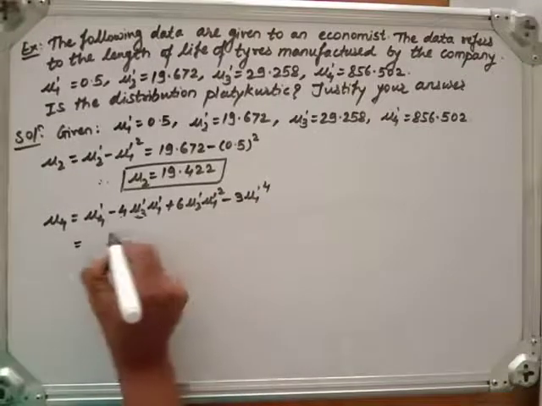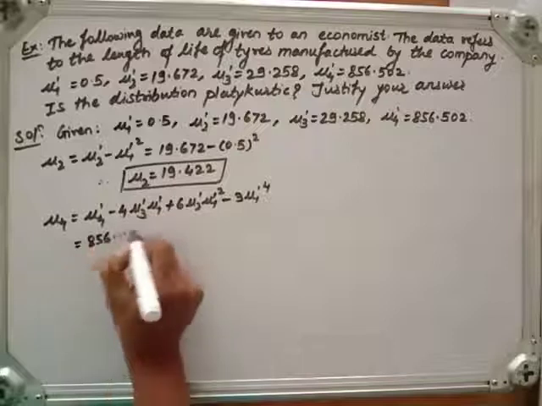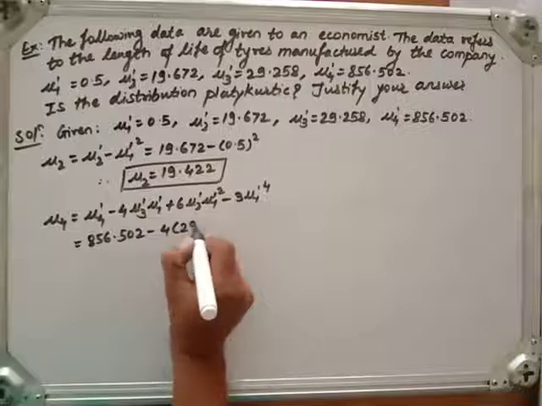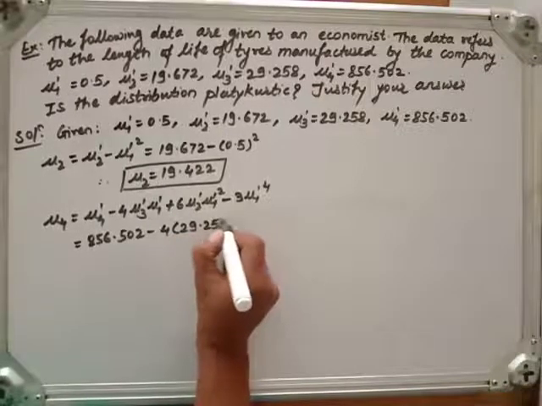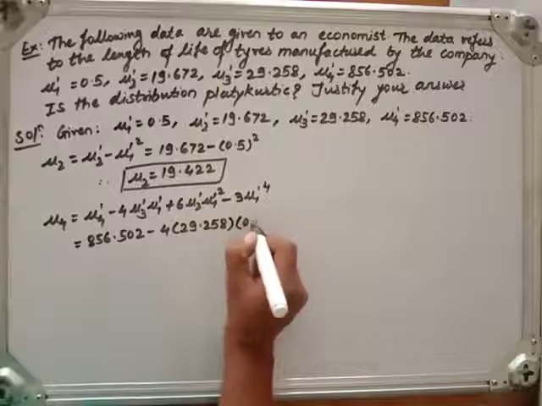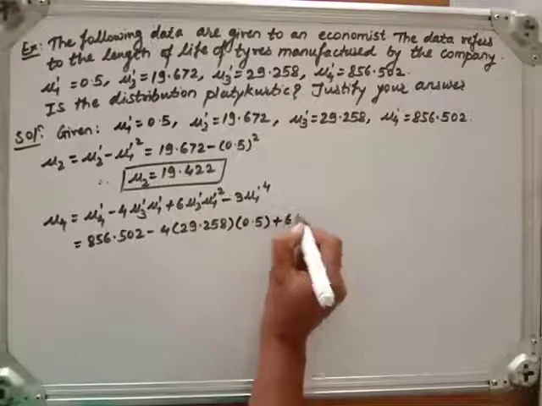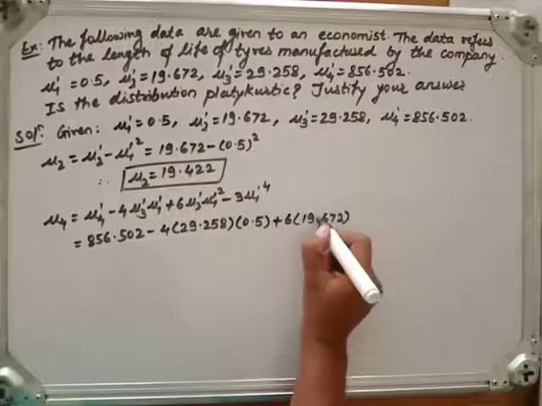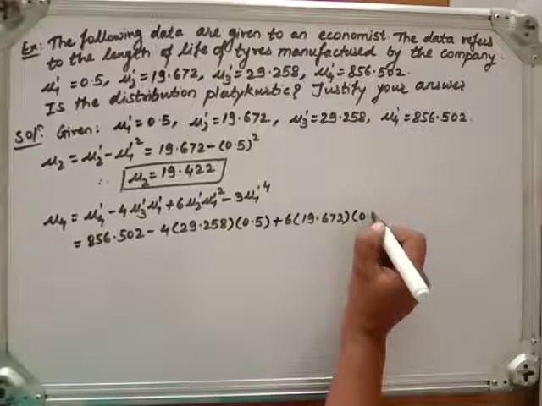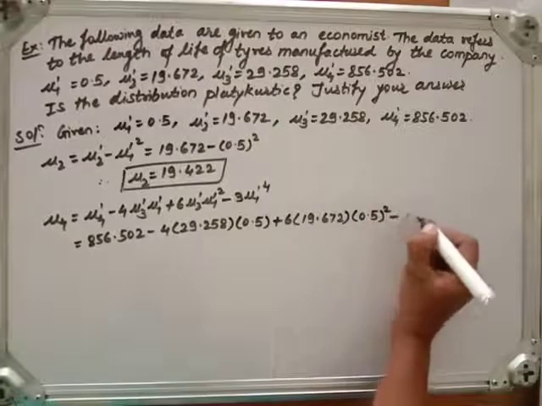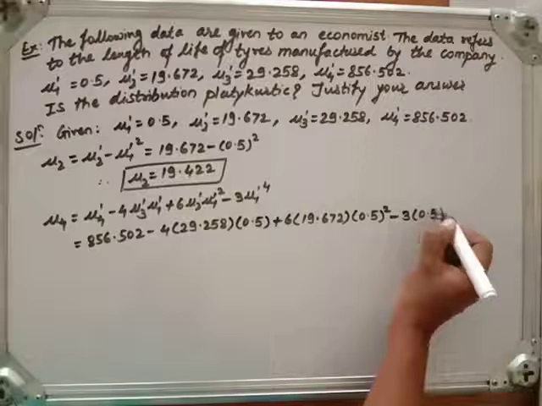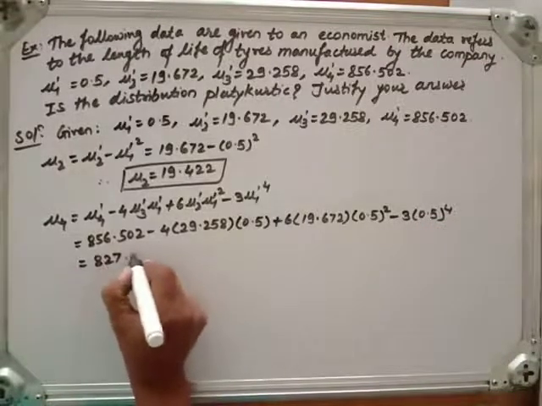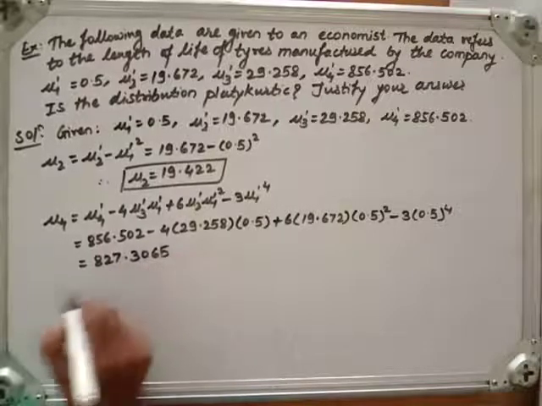Alternate plus and minus signs are there. So 856.502 minus 4 into 29.258 into 0.5 plus 6 into 19.672 into 0.5 square minus 3 into 0.5 raised to 4. So this is 827.3065.